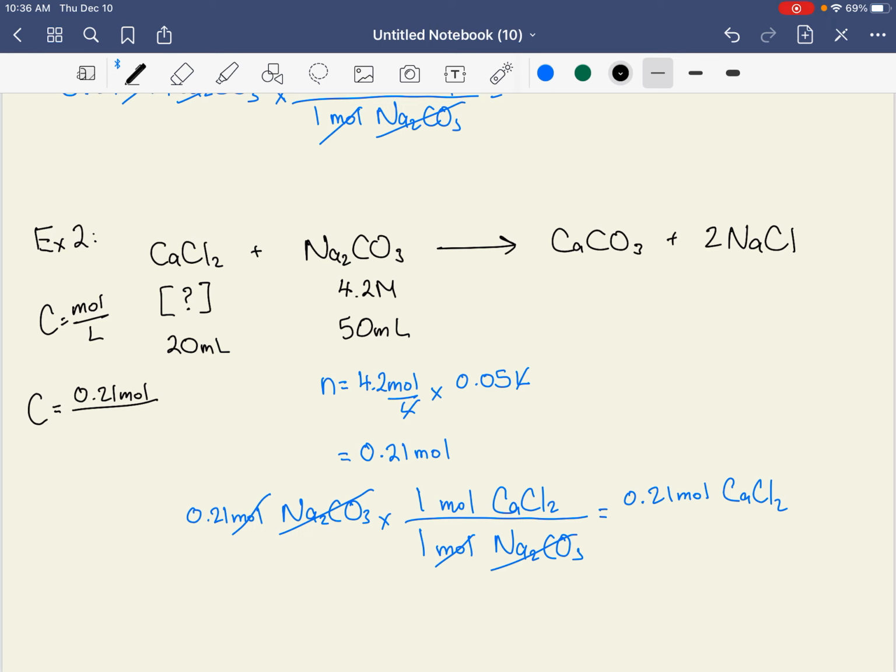The volume of this reactant is given to you as 20 milliliters. So that is 0.02 liters. So the answer is 10.5 molar. That's the answer. That's this.